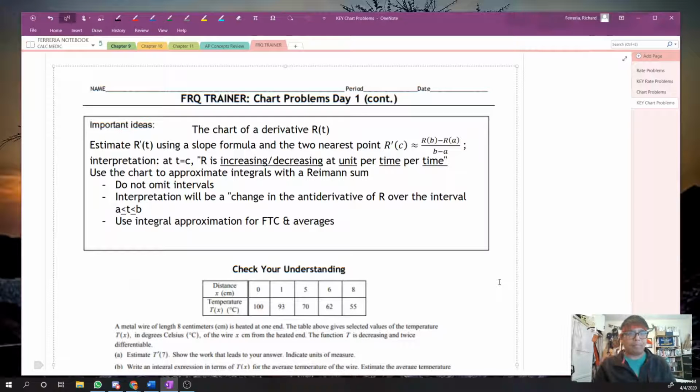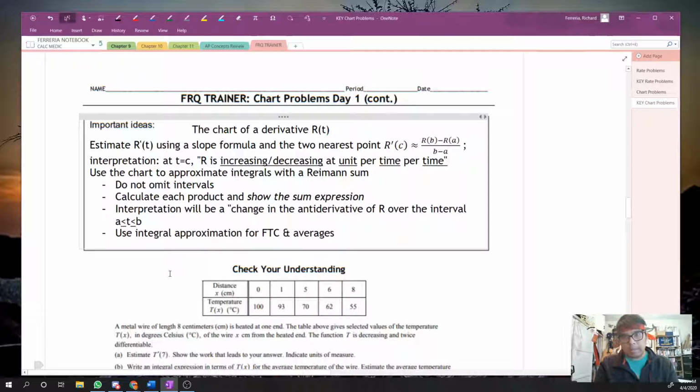The Riemann sum. Firstly, do not omit intervals. It's really easy to do. Highly recommend you make sure you have every interval accounted for. Secondly, when you calculate each product, please show the sum expression. Everything added together. Show that. They want to see that. The interpretation has to be, or will be, a change in the antiderivative in some interval.